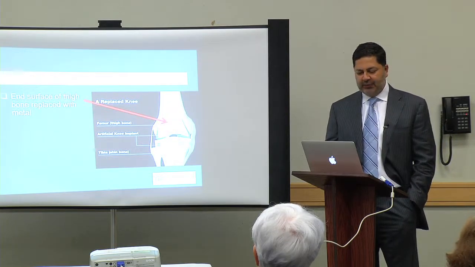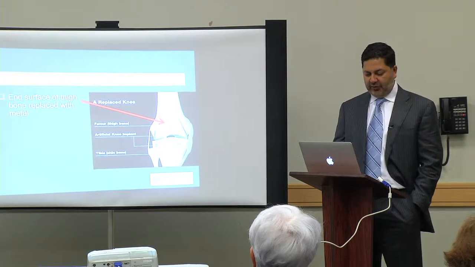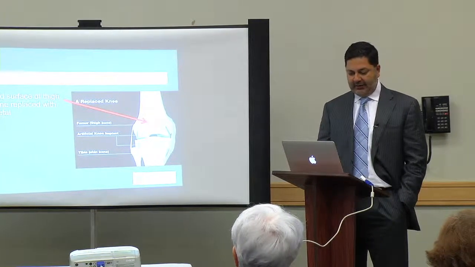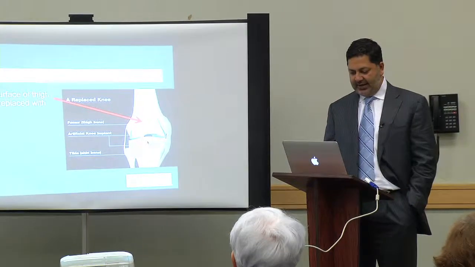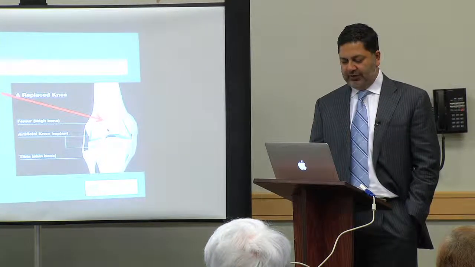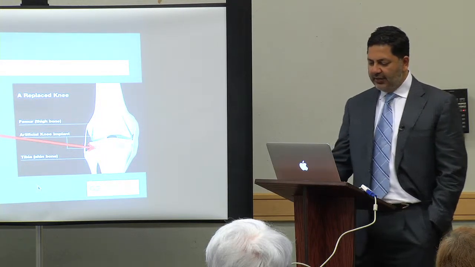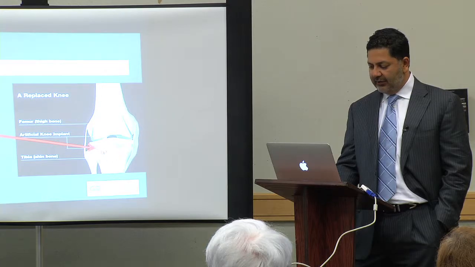So when we do a knee replacement, we replace the end of the thigh bone, so just the very end. We don't cut out the whole leg or anything like that. We just shave off the damaged area, and then we put this piece on there, and this is made out of metal. And then we do the same thing on the leg bone or the tibia.